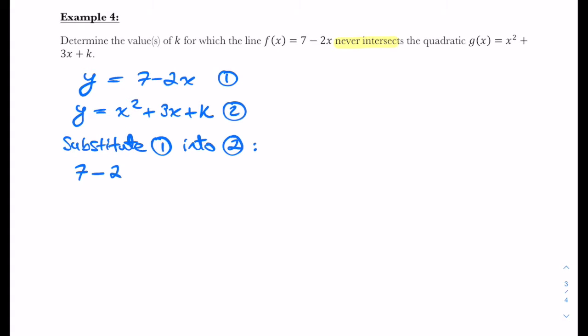So we're going to make the two equations equal to each other. And similar to before, we'll bring everything to the left-hand side. I'll start collecting my like terms just to make simplifying a little easier for me later on.